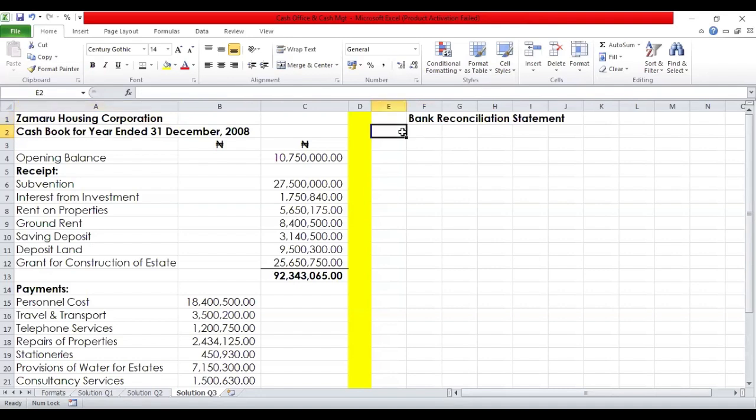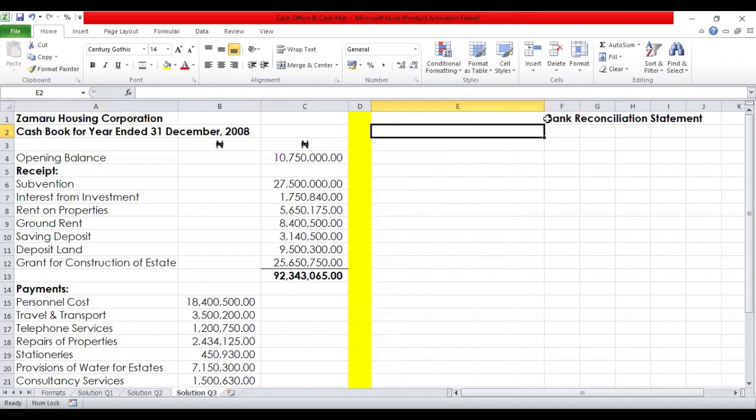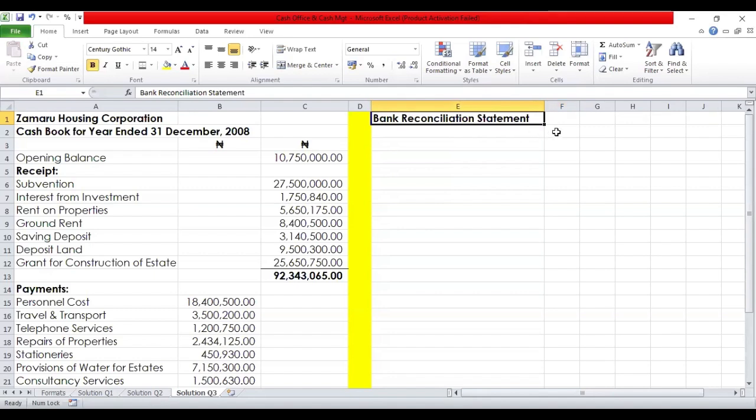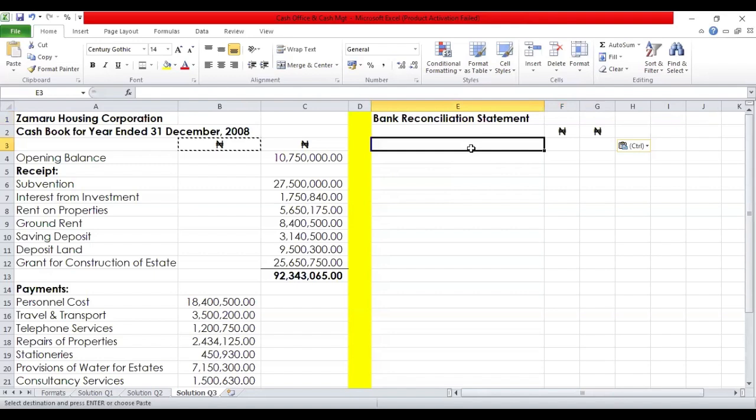Now, to reconcile the account, this one will now be the balance per cash book.